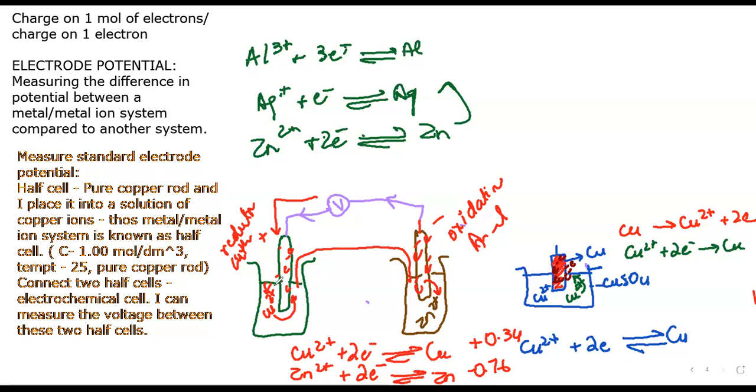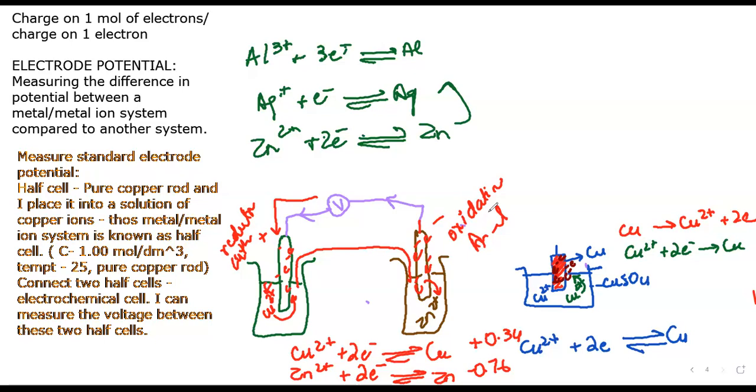So reduction is happening over here. Now, this becomes the positive electrode, but since reduction always happens at cathode, my positive electrode will be the cathode and my negative electrode will be the anode. So positive and negative is not fixed, but reduction and oxidation is fixed, right?